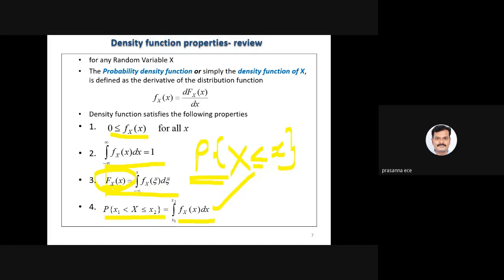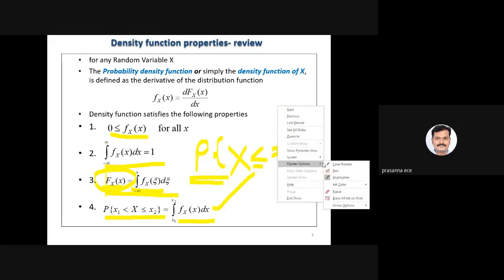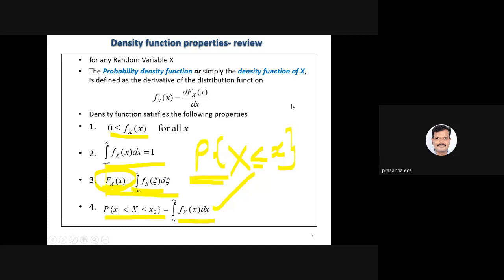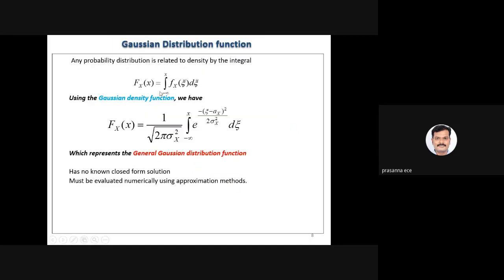As you can see here, it is nothing but the integral of the density function, but this integral has some limitations. That is what we are going to see in the next slide, and also how we overcome the limitations. The probability distribution is related to the density by the integral. It is a running integral where the upper limit changes continuously.